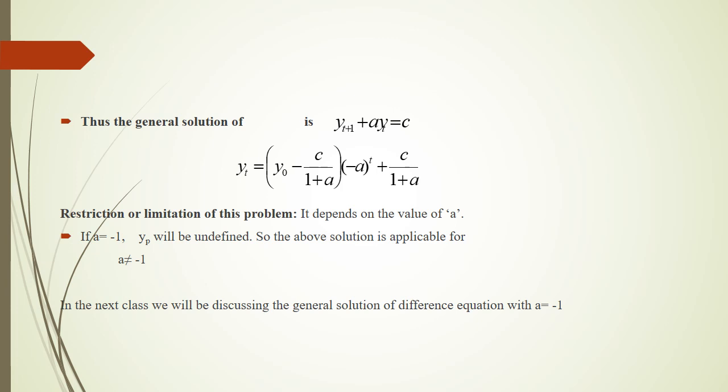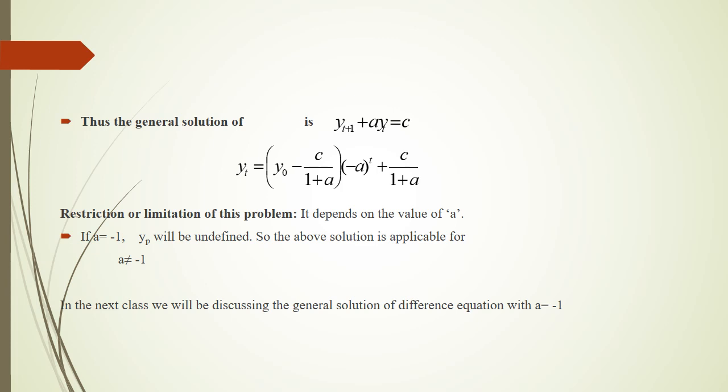There is some limitation or restriction of this solution. You see the general solution: y_t = (y_0 - c/(1 + a))(-a)^t + c/(1 + a). Now look at how we can observe the restriction. The value of a is in the denominator, c/(1 + a).